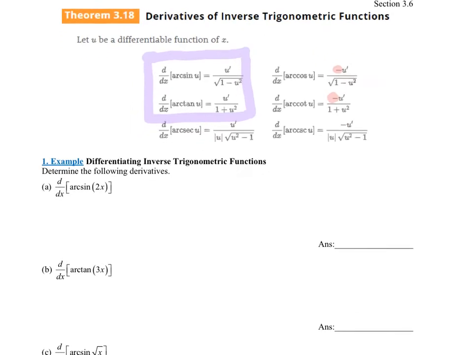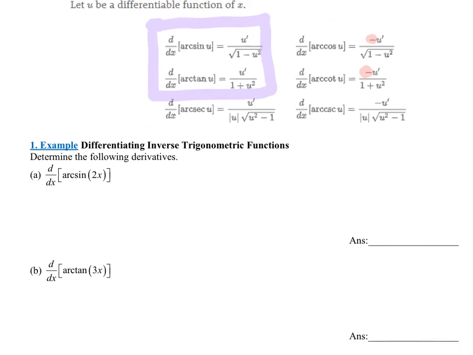All right, so now that we've proven them, and remember, I could ask you to prove it on the test, let's see if we can go ahead and do this. So what's the derivative of arc sine of 2x? It would be 1 over the square root of 1 minus whatever's on the inside, which is 2x quantity squared.